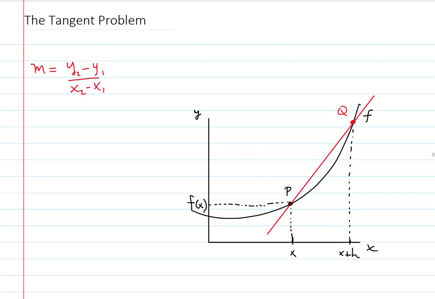So we're going to get that the y coordinate here would be f, using the same idea that we did here, f of that input, which is x plus h. Let me move this somewhere else so it's not confusing. So we got our f of x plus h. So those are the coordinates of that point P and Q.